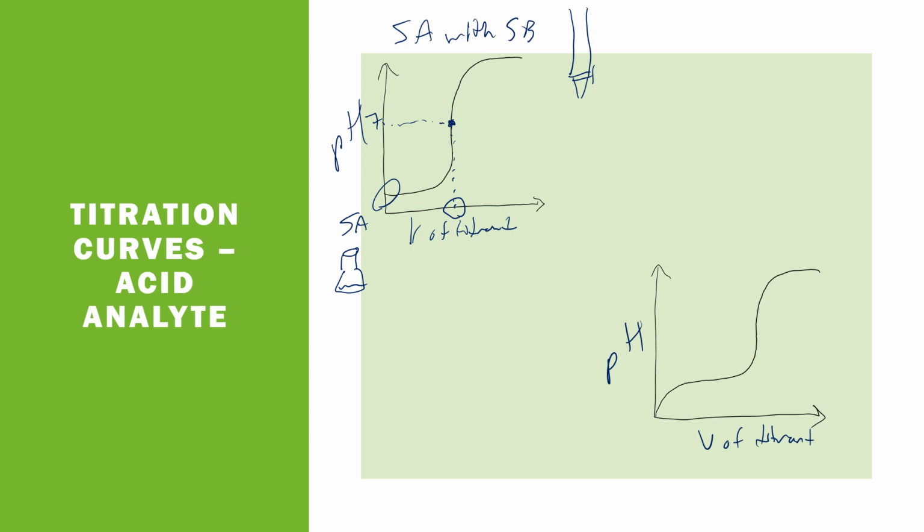Now for the weak acid with a strong base titration, it has a different shape. You can see automatically it's increasing, but it flattens out for a period before it starts to increase again. The equivalence point is still halfway through the most vertical section.